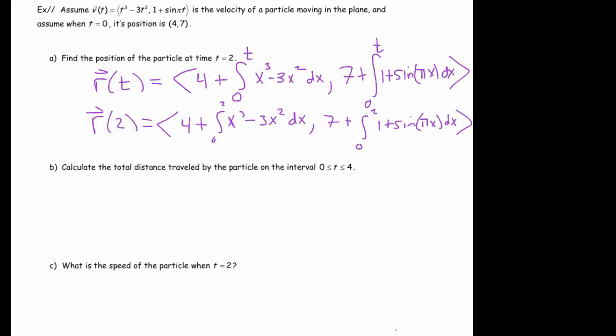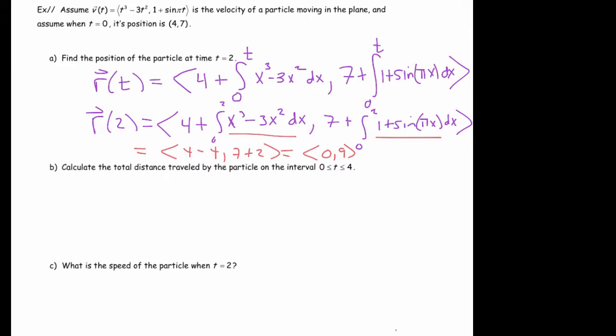I put in 1 plus sine of pi x into y2, and then I use the integrate function on the calculator, and I got that this integral here was -4, and that this integral here was 2. So this ends up being 4 minus 4, comma 7 plus 2, or in other words, 0, comma 9. So we know that when t equals 2, this particle is at the location 0, 9.